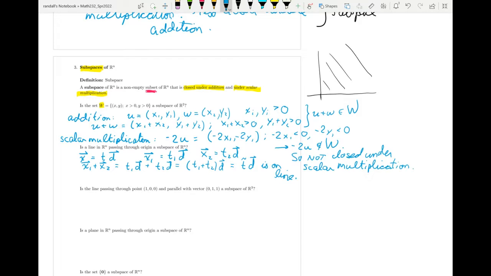So when I add two vectors from that set, which is a line through the origin, I get another vector in that set, namely on the line through the origin. It's a multiple of d.